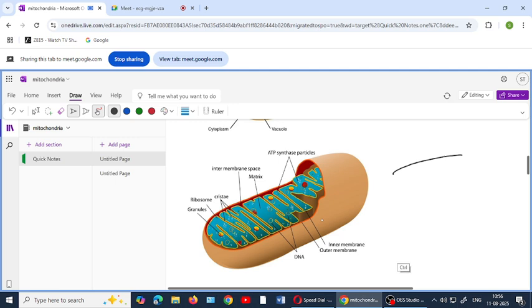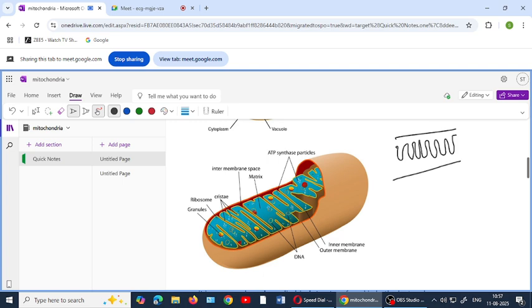For example, I will draw a line, not a line, suppose it's a thread. Okay, this is a thread. And another thread I am placing here, in this kind of structure. So which one will be the longer one here? First one or second one? If we extend it, the second one. If we extend the second one, it will be long like this.